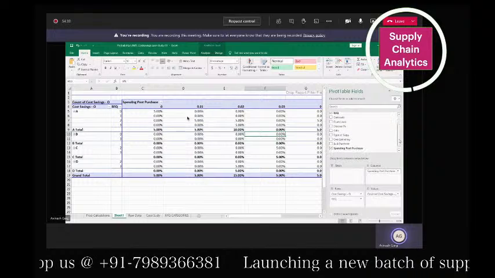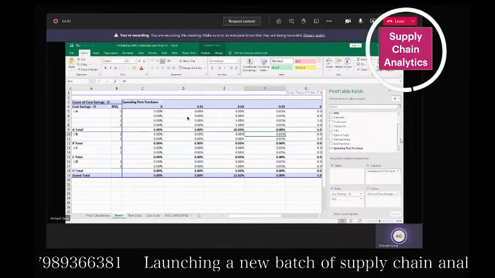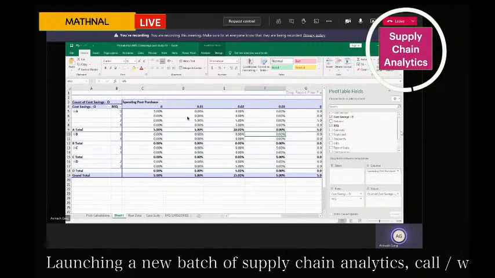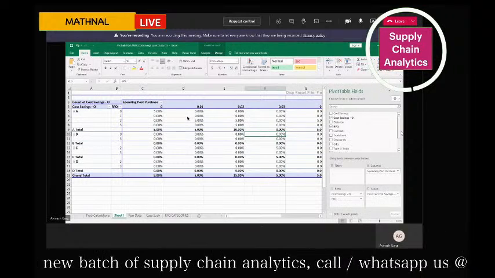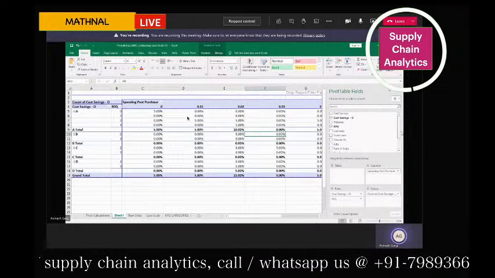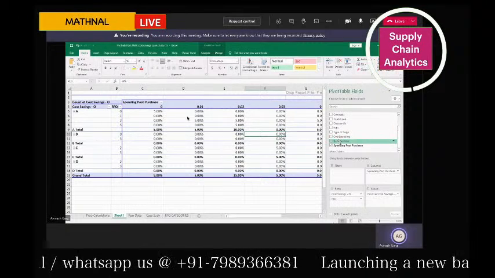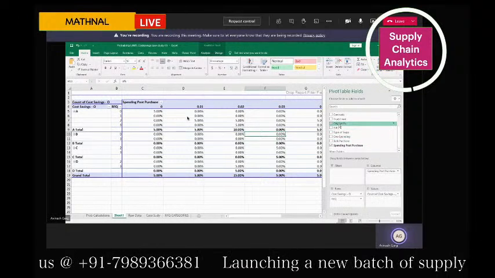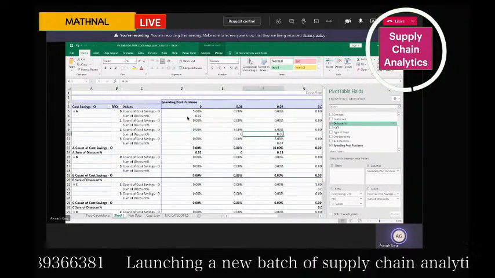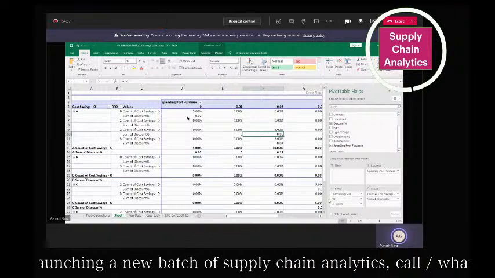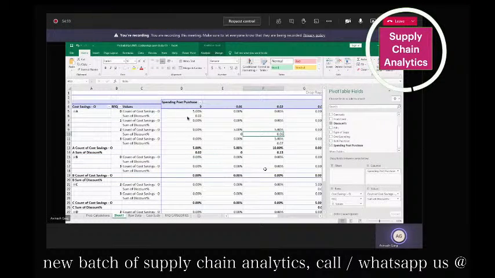We can add one more, right? Yeah, we can add one more. We can put it in the row section. In the row, let's put... what happened?